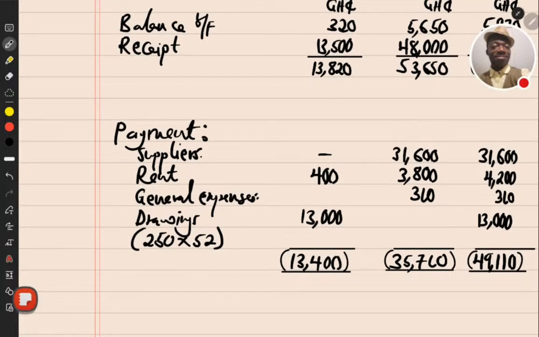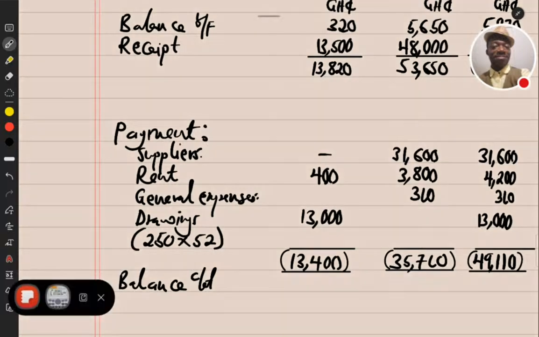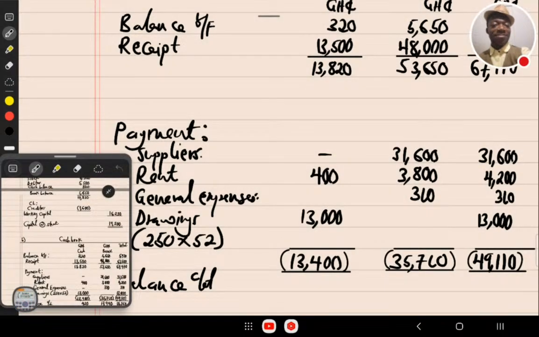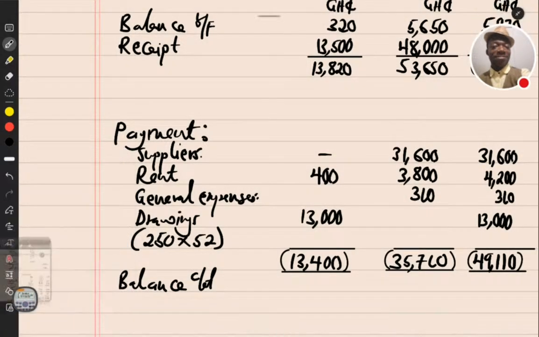So we'll have here the balancing figure. We'll call it the balance carried down for short, or let me write it in full. Balance carried down. Okay, so subtract 13,000 from 13,820. What are we going to get? Supposed to get 420 like that.